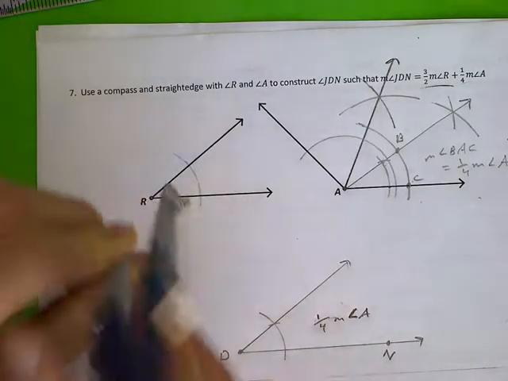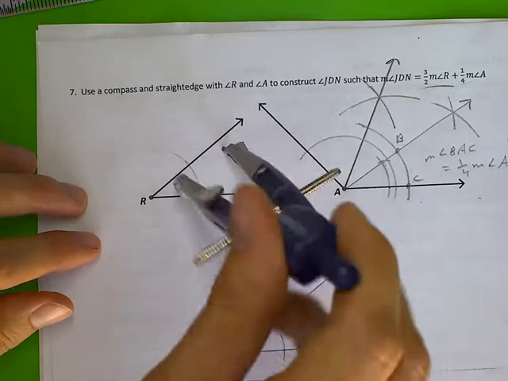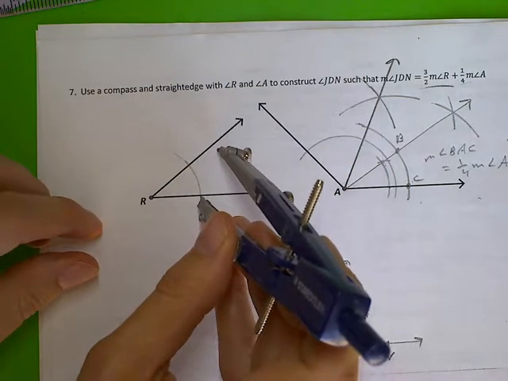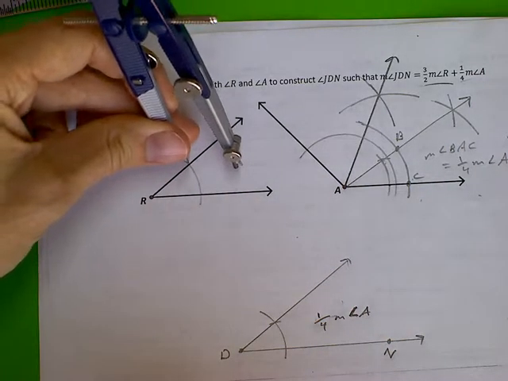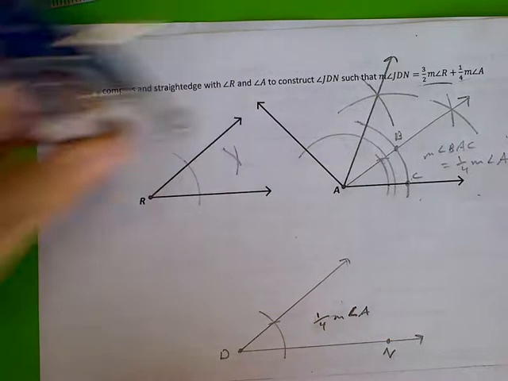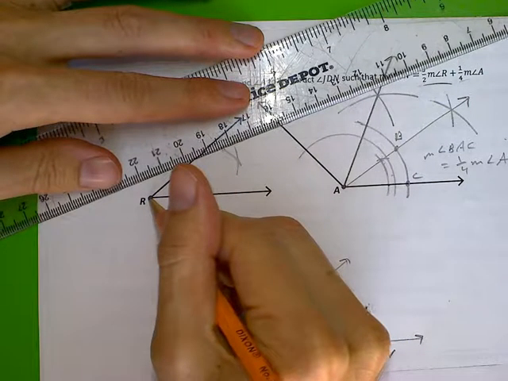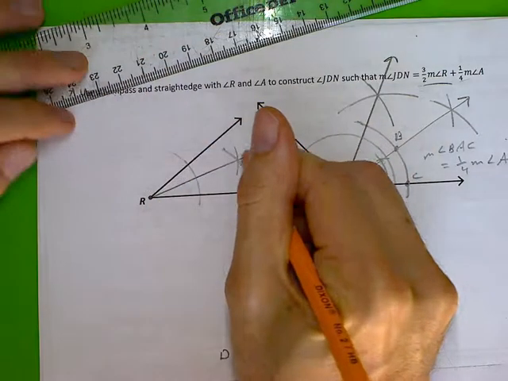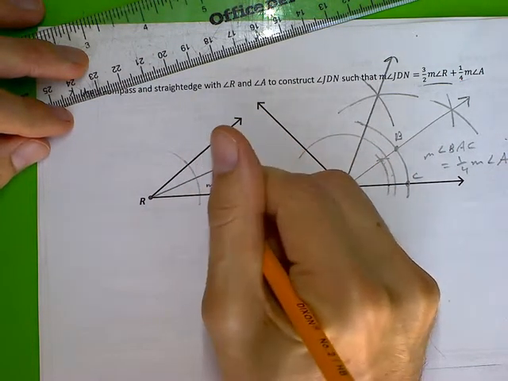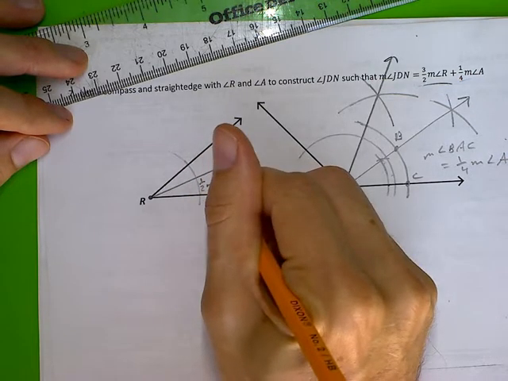There's an arc. Now poke out the Cyclops' eye. There. And there. Okay. So this is half of the measure of angle R.